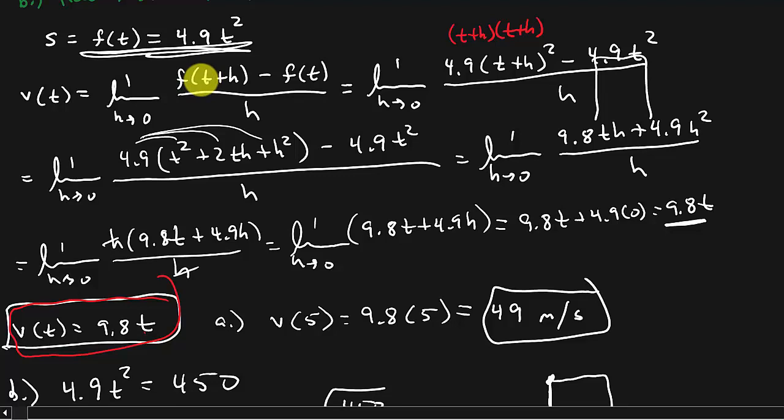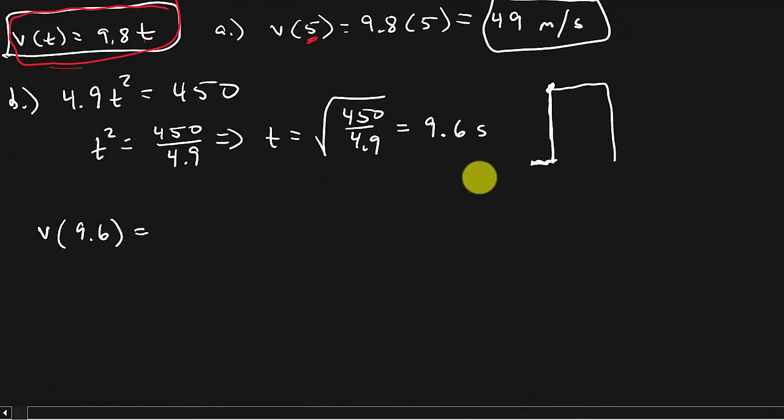See, first, if I would have done the 5, I would have plugged the 5 in here. And then that would have given me the velocity at 5, and I would have gotten the 49 meters per second. But then I would have had to go through all of this again with 9.6 plugged in for t. So instead of doing it twice, I just did it one time with t in there to get my function.